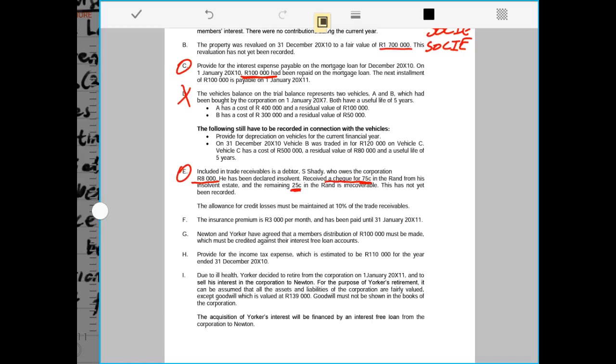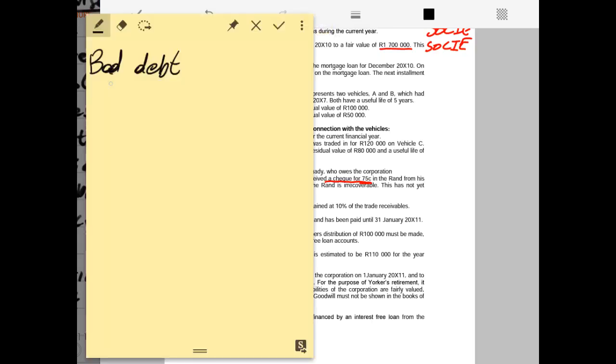So now that means out of the 8,000 we must acknowledge that 25% is a bad debt. So how do we do that? We just say 8,000 rands times 25%. That gave us an amount of 2,000 rands. That means 2,000 will never be received again. Therefore now 2,000 will be a bad debt.